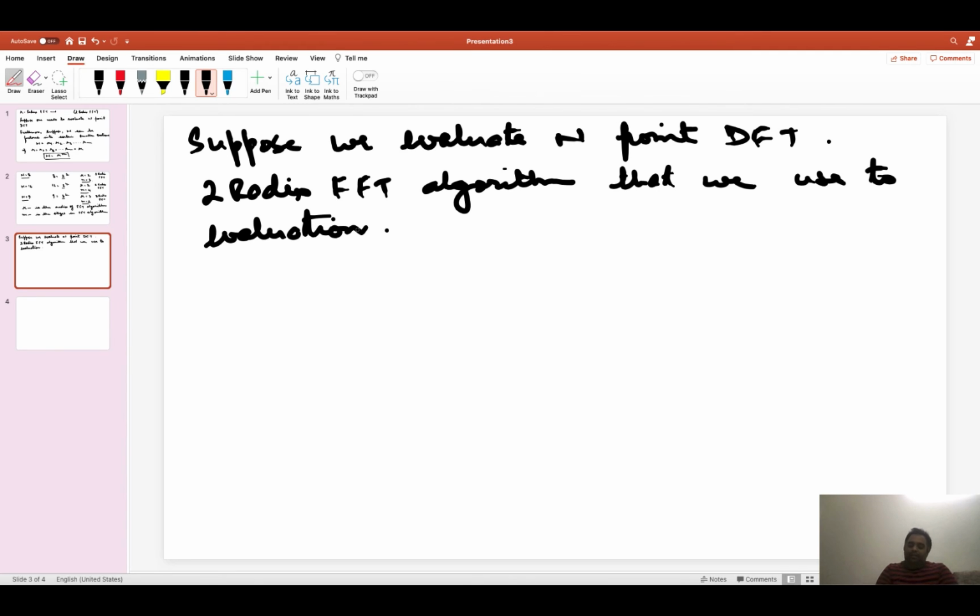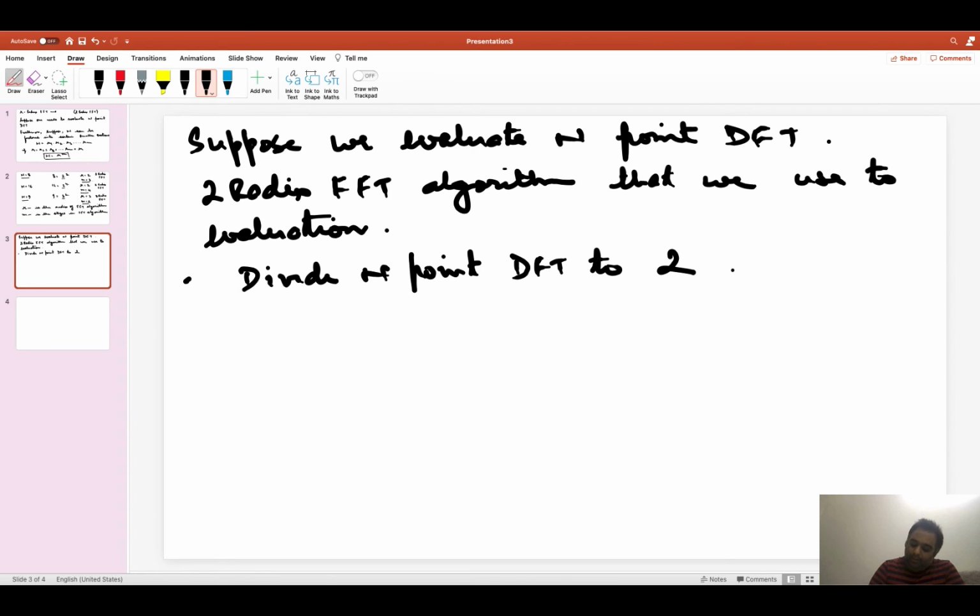Well, what does this mean? This means that you divide the N-point DFT into 2 equal N by 2 point DFTs.